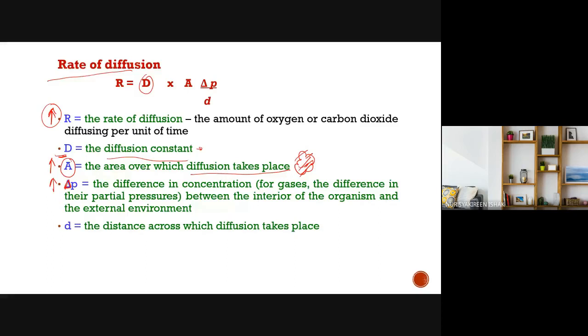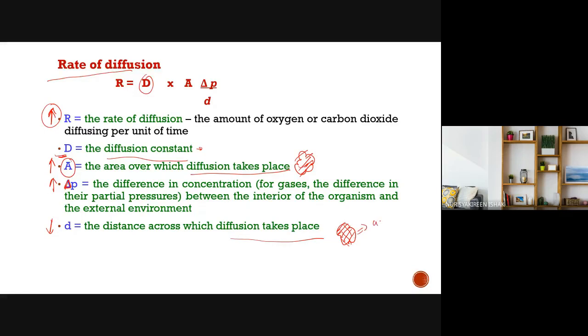Okay. So next is distance across the diffusion. The distance across which diffusion takes place must be decreased. The diffusion must occur in a short distance. Sebab tu alveolus is covered with or surrounded by many blood capillaries, and the thickness of the wall of the alveolus is 1 cell thick.